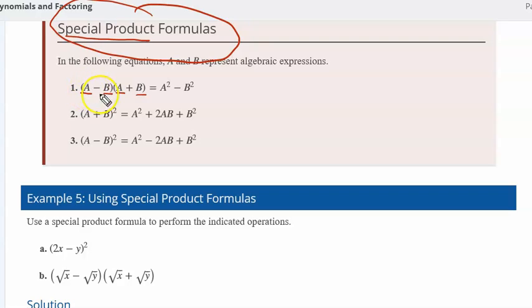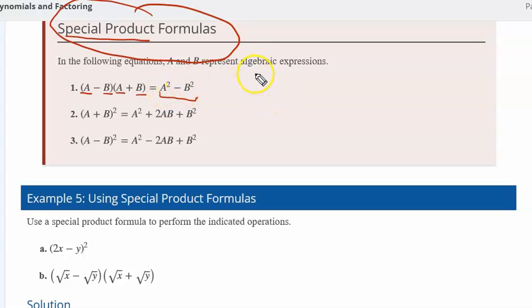So we say when we multiply the product of the same terms, one's the sum, one's the difference, we get a special product called the difference of squares, or sometimes referred to as the difference of perfect squares.